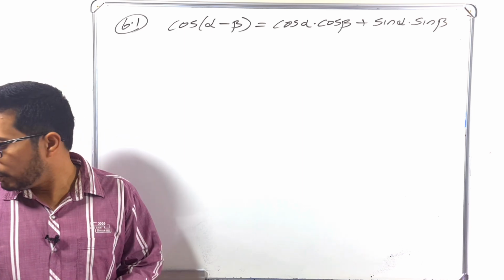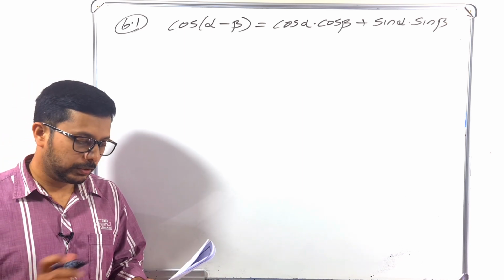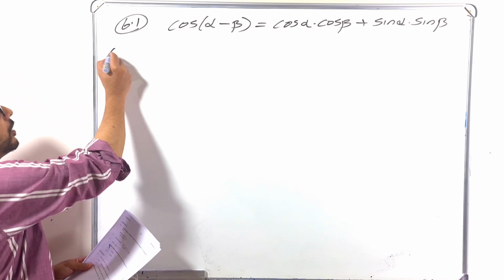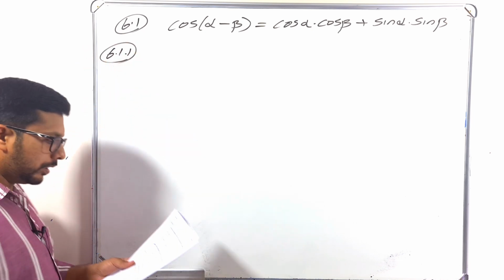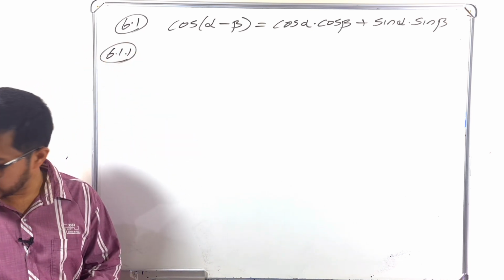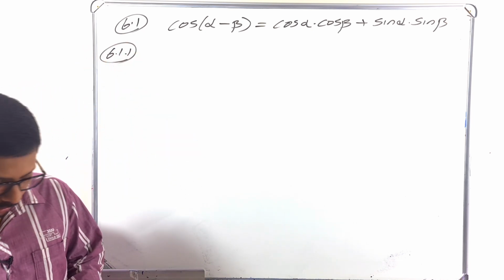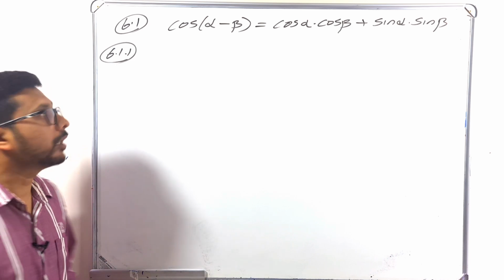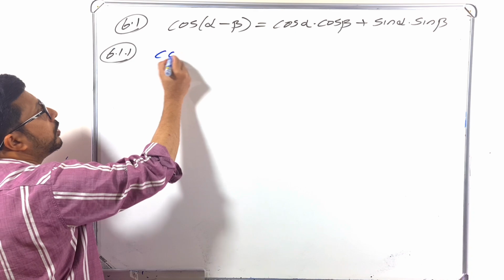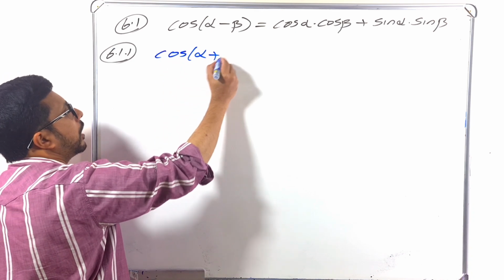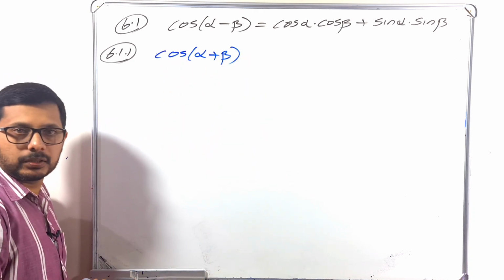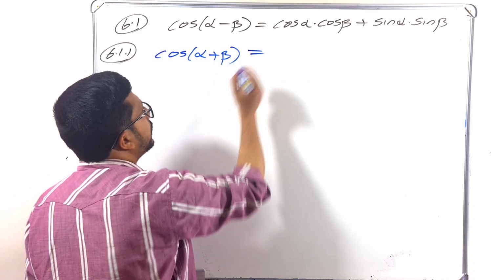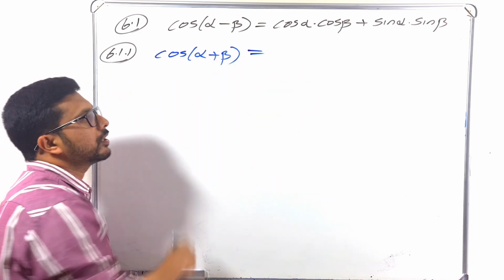Using this formula, the question 6.1.1 says: use the given identity to derive the formula for cos of alpha plus beta. You have to use this one to derive the formula for cos of alpha plus beta. So how can we derive this one? It's like a theorem.